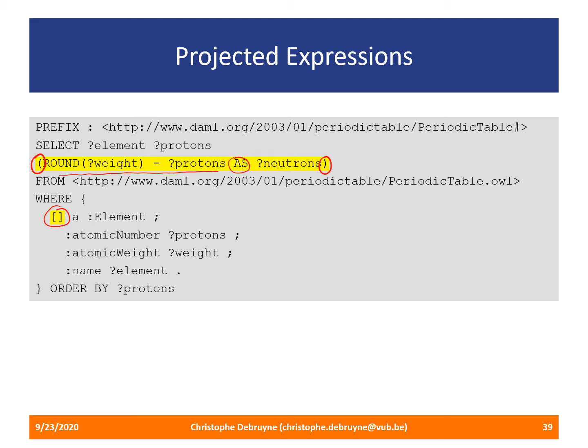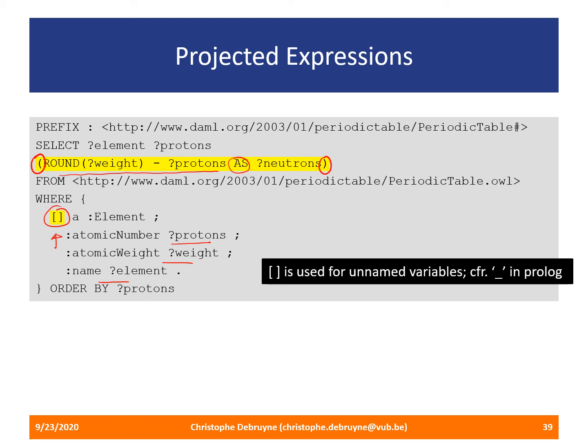So we're looking for something that is an element that has an atomic number, that has a weight, and that has a name, but we don't want to assign that resource to a variable. So, as I stated, the square brackets are used as unnamed variables, much like the underscore in Prolog.